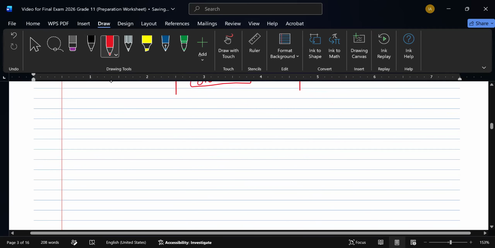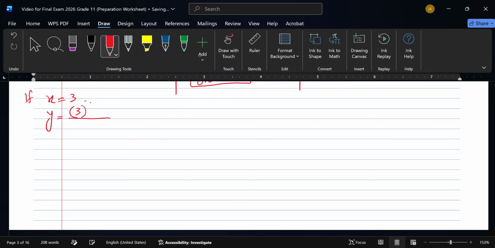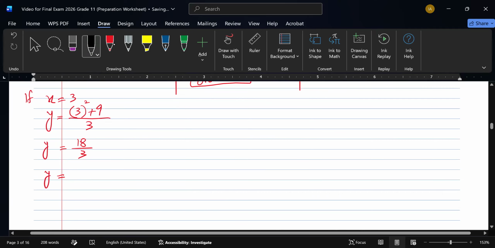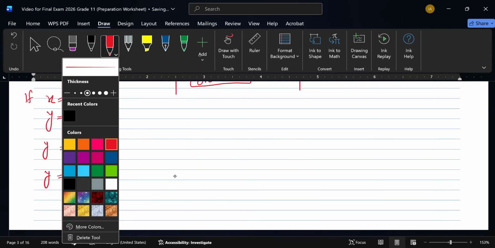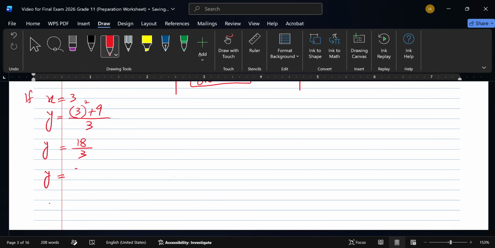So we substitute each value of x in the original equation. So my first point is x is 3 and y is 6.